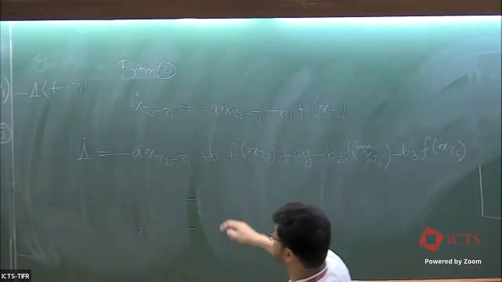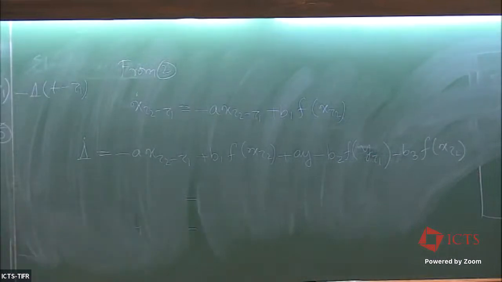I just included the values of x tau 2 minus tau 1 and y tau 1.